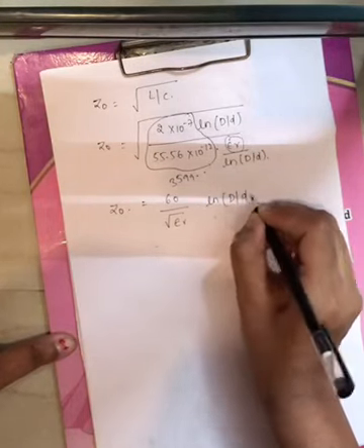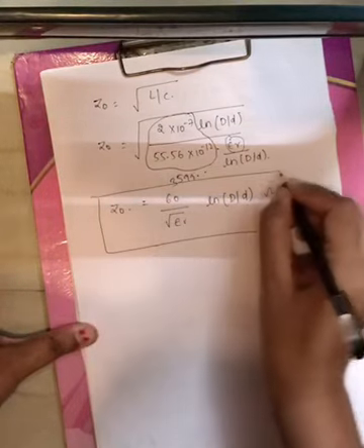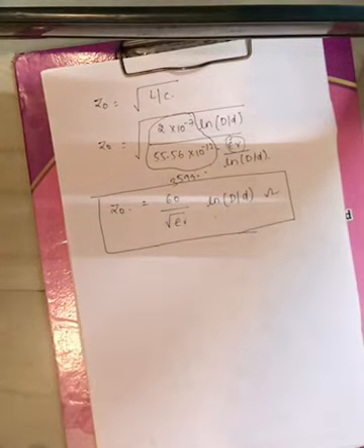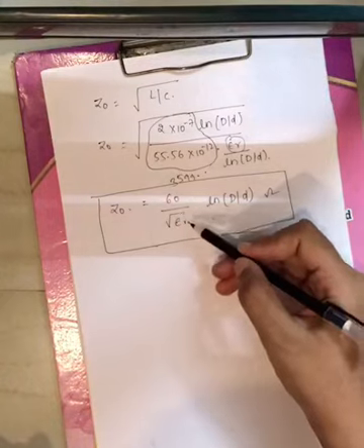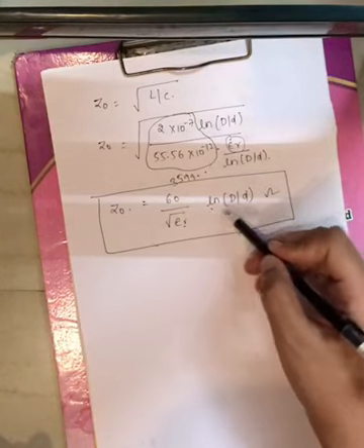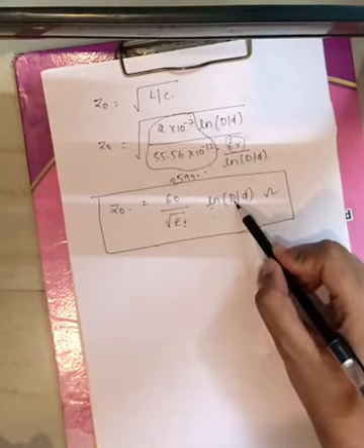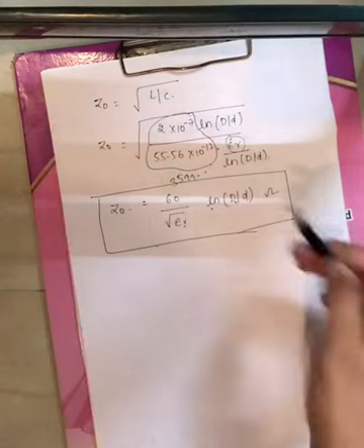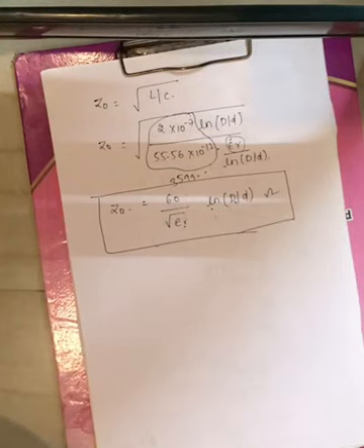Finally you will get 60 by root of epsilon r ln of D by d ohms. This is the characteristic impedance of a coaxial cable. Here, capital D is the diameter of the outer conductor and small d is the diameter of the inner conductor.